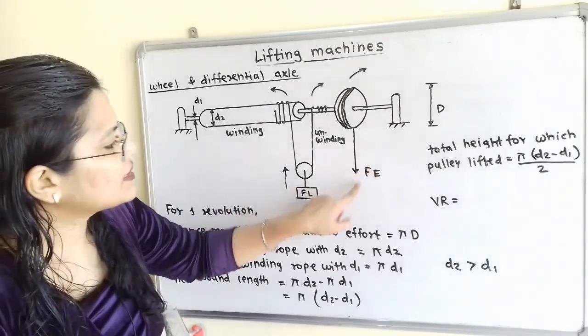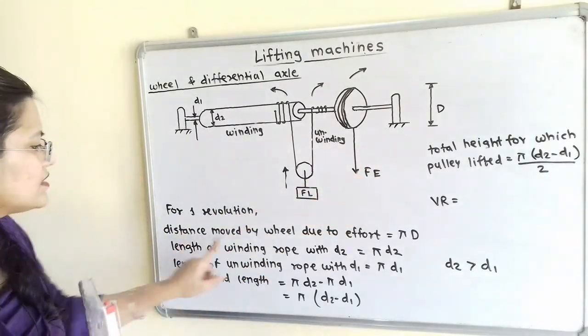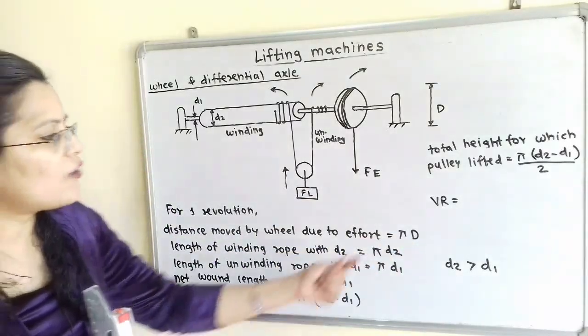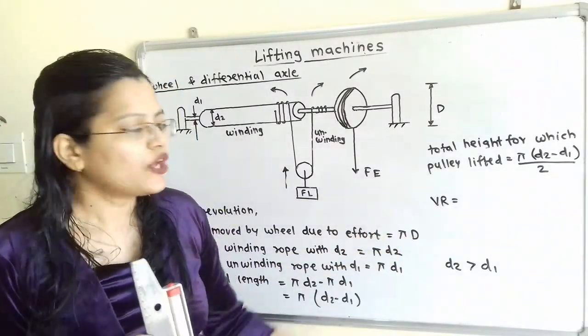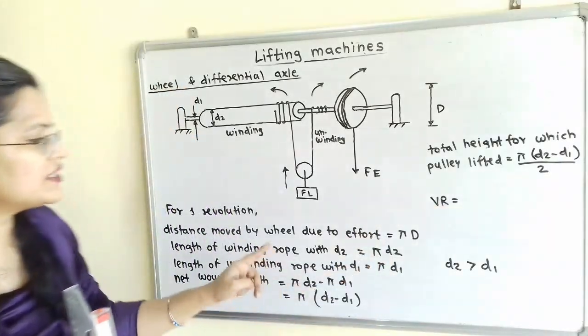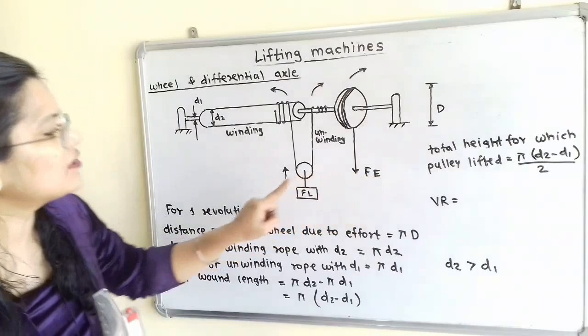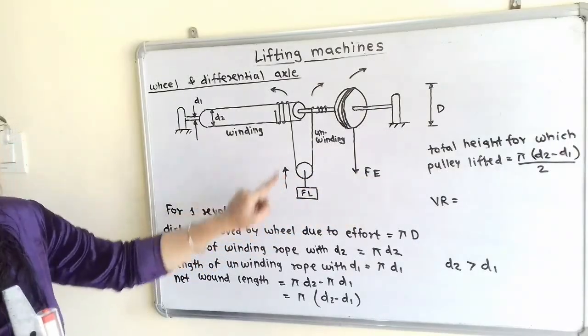Then what is the distance moved by the wheel due to effort? That is equal to pi D. So how to write the velocity ratio? We know that velocity ratio is equal to the ratio of distance moved by effort to the distance moved by load.